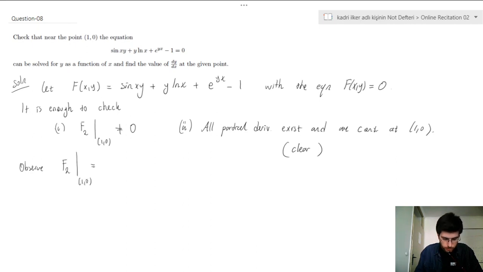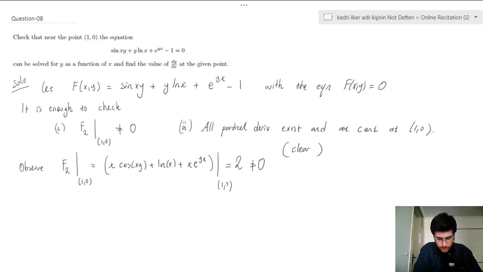Let me write it directly: just differentiate with respect to y, ln x plus yx, computed at (1, 0). We have 1 here, so the second part is 0. So this is 2. So this is obviously not 0.